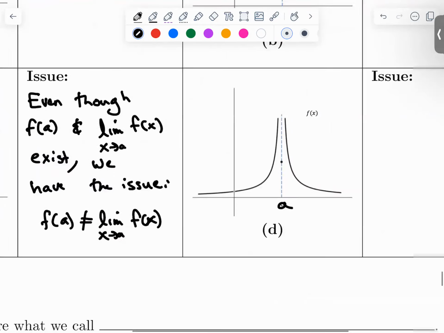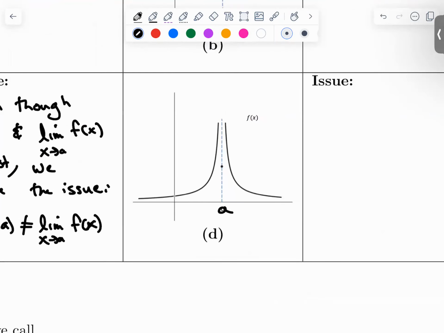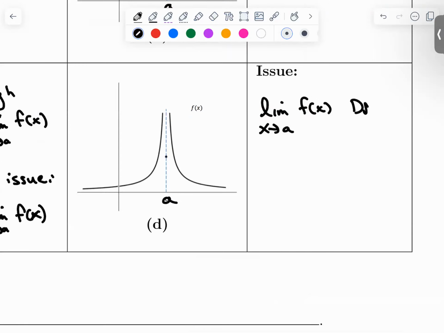And last but not least, this one here. What's the limit as x approaches a? Positive infinity. But remember, as we said in 1.4, even though we say that the limit is positive infinity, the limit does not exist. So the limit as x approaches a does not exist.